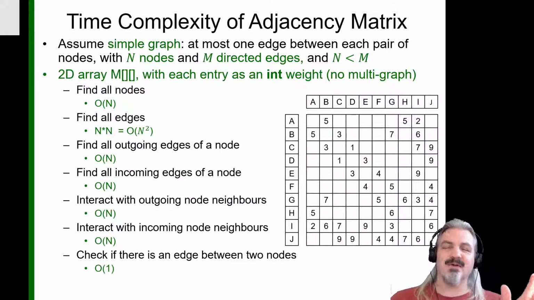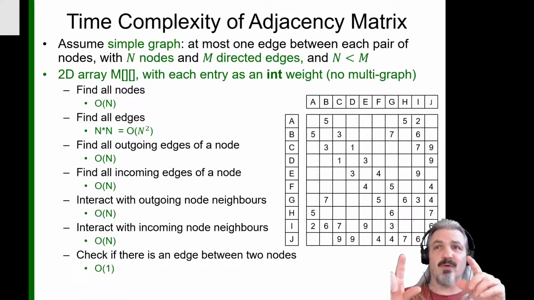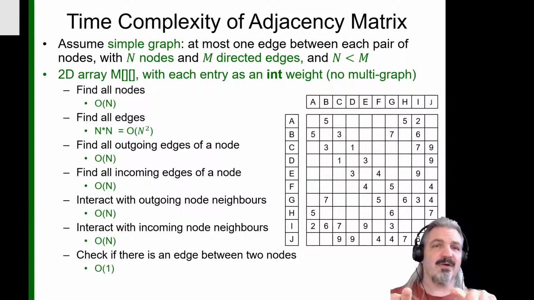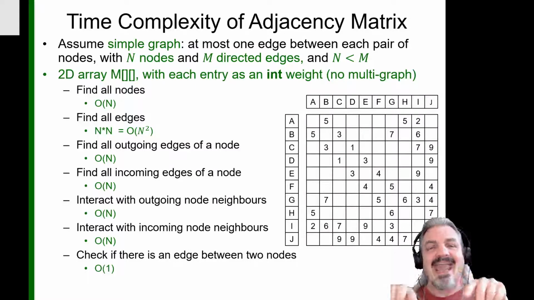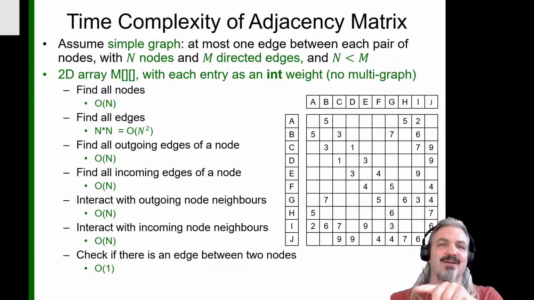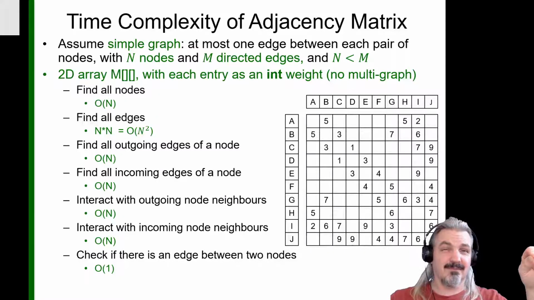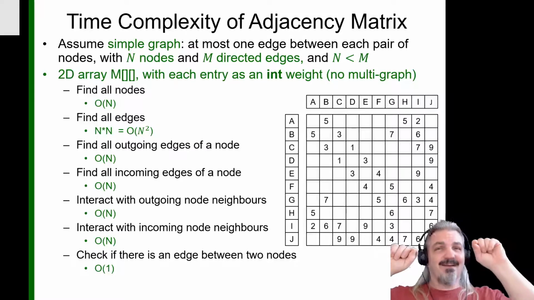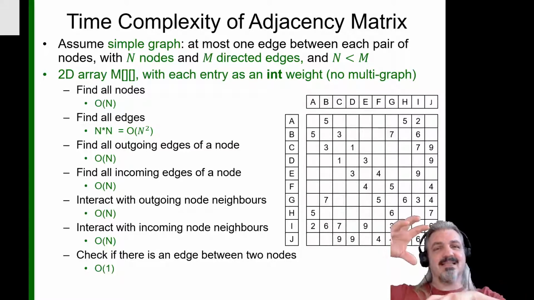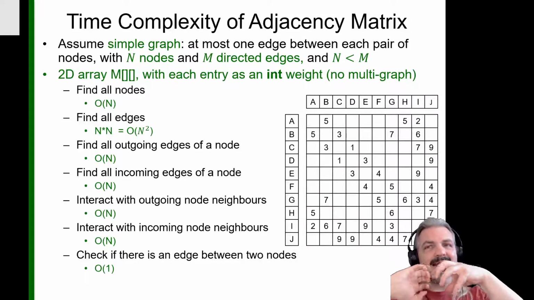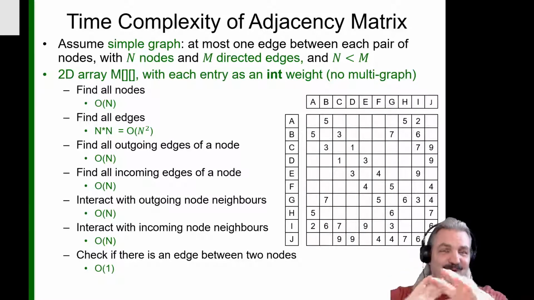unless you've got a multigraph, right? In a non-multigraph, m has to be less than n squared because n squared would be every node connected to every other node. Okay, so m has to be less than n squared in a non-multigraph, not fully connected graph.